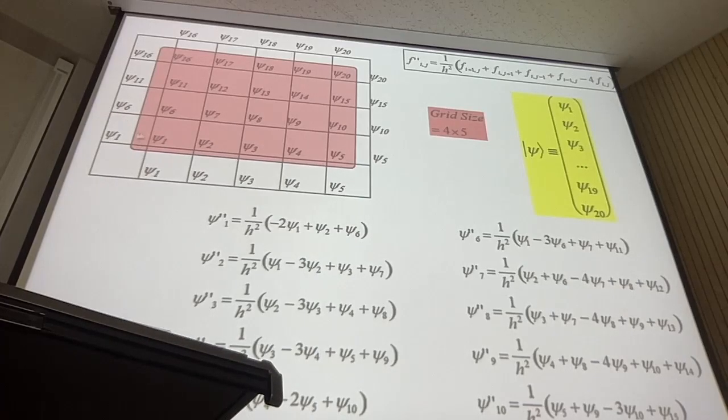So, for this point, del square is just psi 1 plus psi 1 plus psi 2 plus psi 6 minus 4 times psi 1. So 2 of these and 2 of these cancel out, and we have just minus 2 psi 1, psi 2, psi 6. And this value is also represented like this.